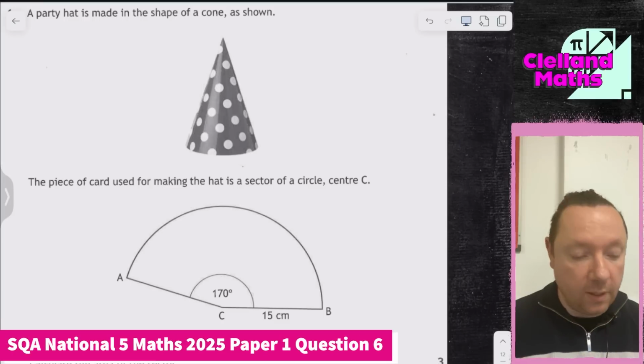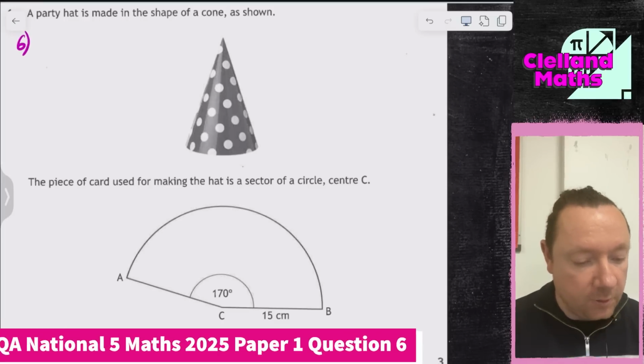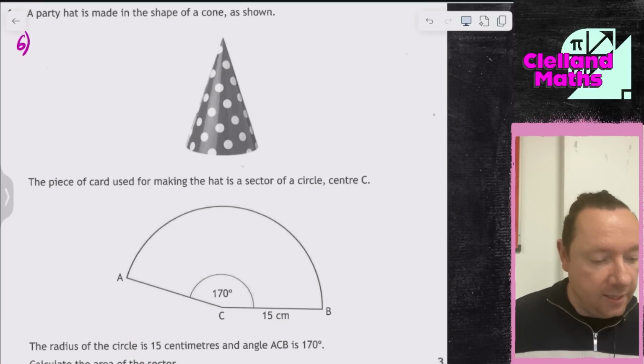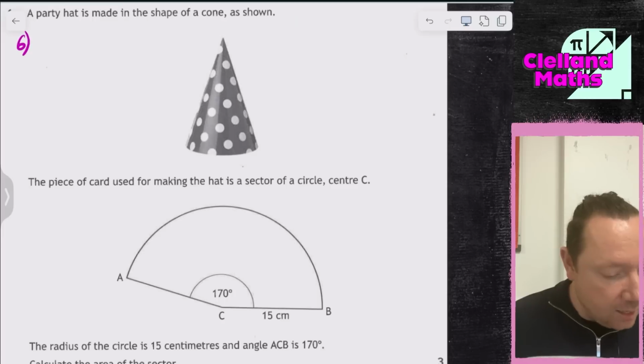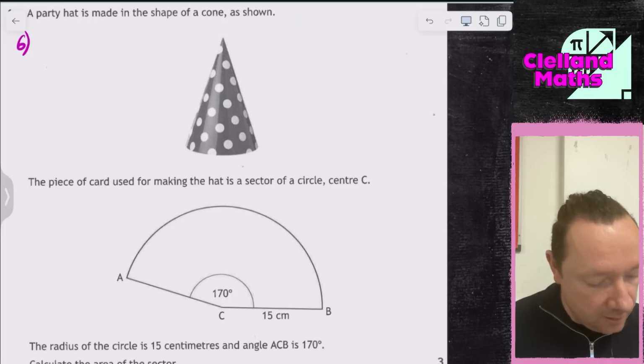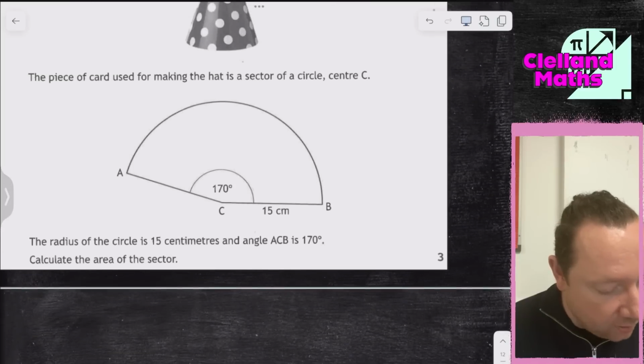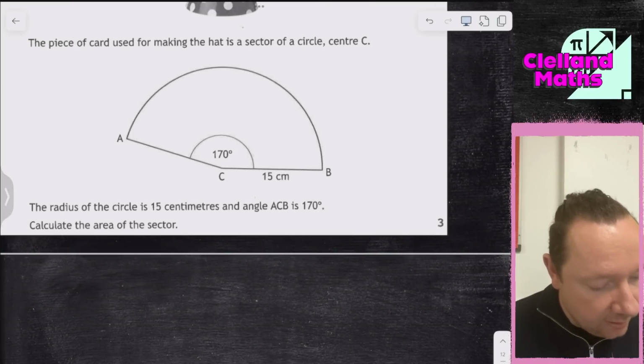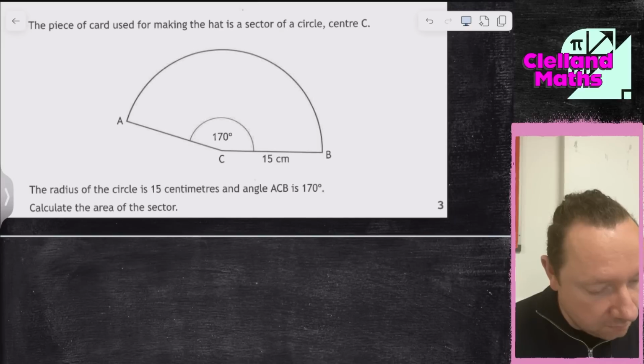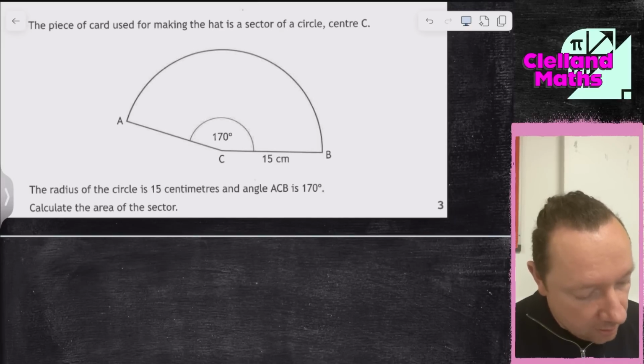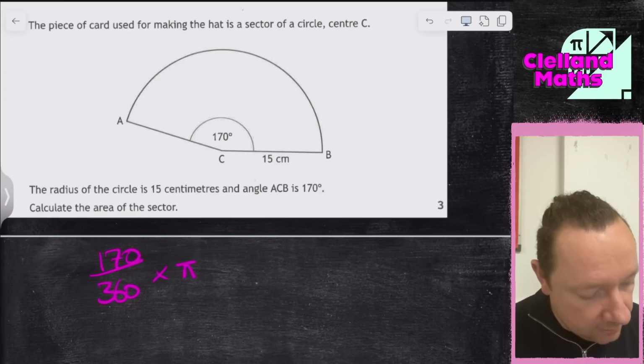SQA National 5 Maths 2025, Paper 2, Question 6. A party hat is made in the shape of a cone as shown below. The piece of card used making the hat is a sector of a circle, centre C. The radius is 15. The angle ACB is 170. Calculate the area of the sector. Angle over 360 times pi times r squared, which is 15.